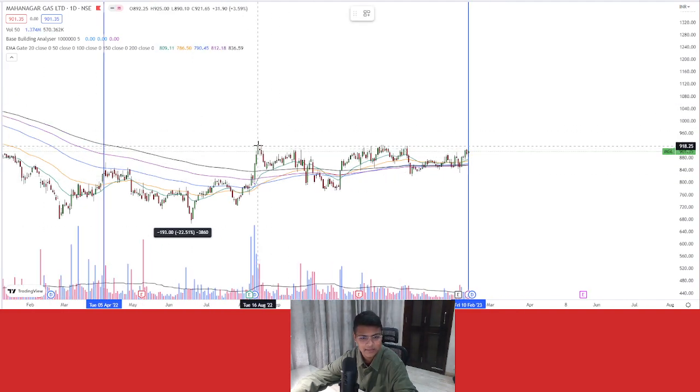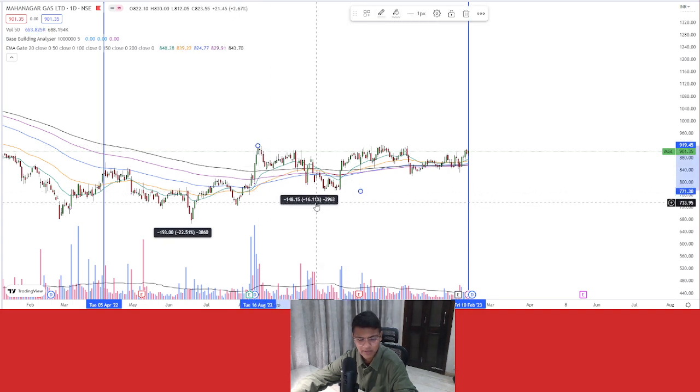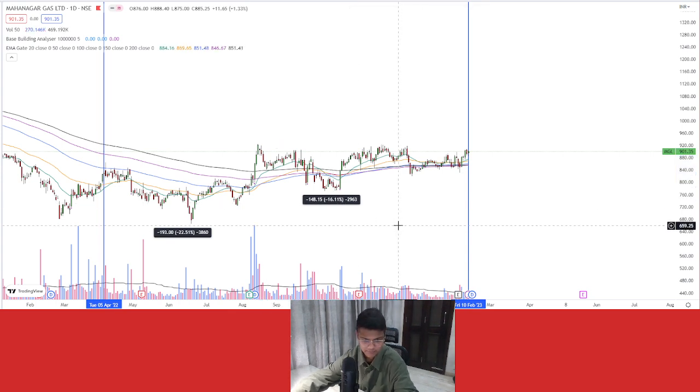Let's mark it to the low which it made in this swing. This was approximately a 16% move. Now my third reference point will be these highs where the stock is facing a lot of resistance. I'll pull it to the low of the chart. This is approximately 10 to 10.5%.